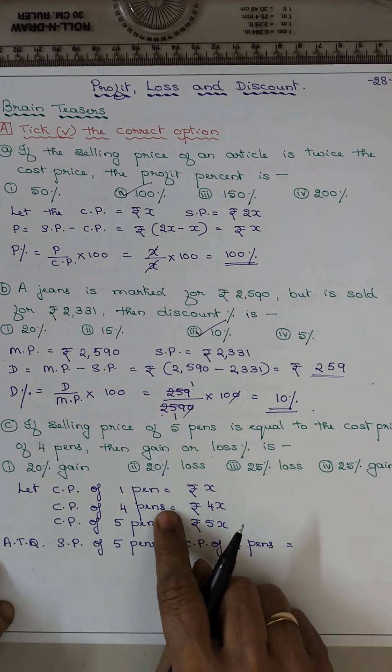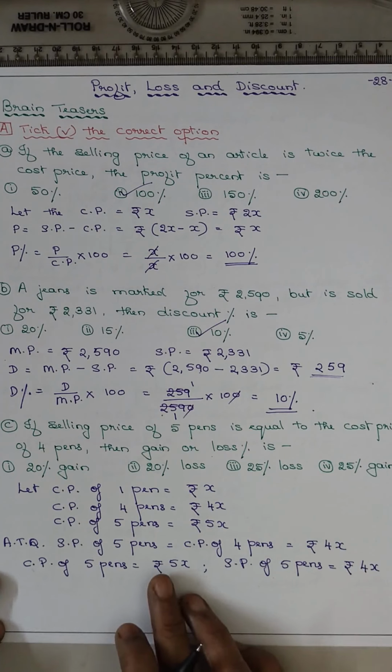So, CP of 5 pens is equal to rupees 5x, but SP of 5 pens is equal to rupees 4x.